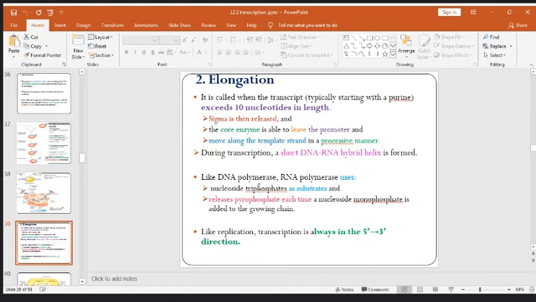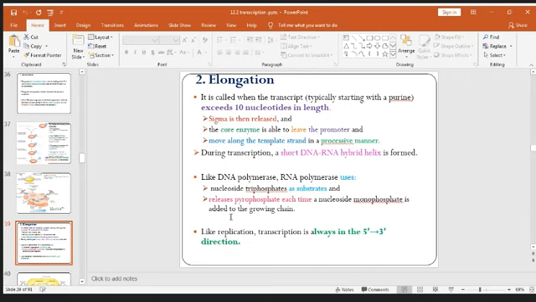Like DNA polymerase, RNA polymerase uses nucleoside triphosphates as substrate. DNA polymerase uses deoxyribonucleotide triphosphates, as we said before, and it releases pyrophosphate each time, and the nucleoside monophosphate is added to the growing chain.